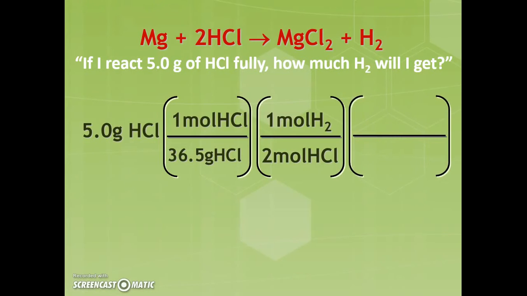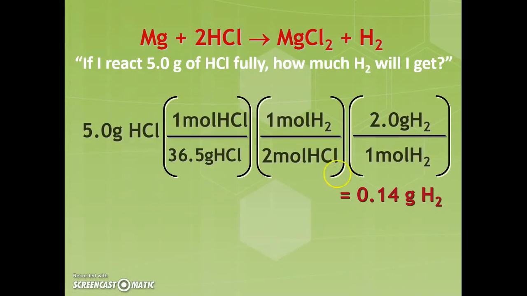Then we move ourselves back into the mass domain by multiplying by the molar mass of hydrogen. When we're finished, we get our answer. If we react 5 grams of HCl fully, we'll get 0.14 grams of hydrogen gas.